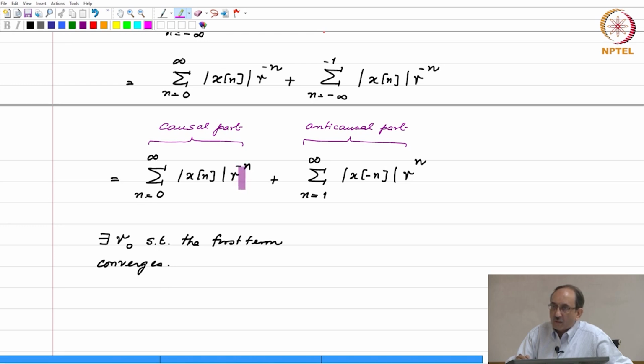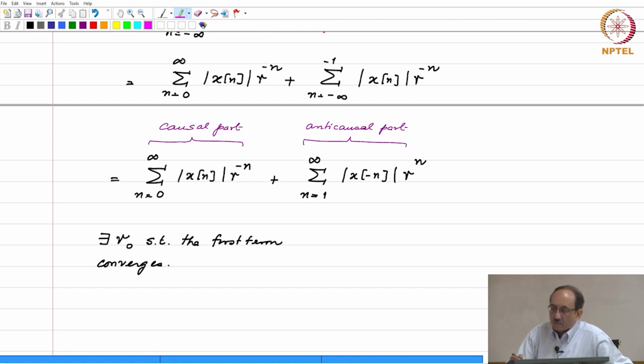Because if you have R greater than R naught, then R power minus n will be less than R naught to the minus n. Therefore, the terms are weighted down more and more heavily. Therefore, if the series converges for R naught, then for all values of R that are greater than R naught, the series necessarily will converge.